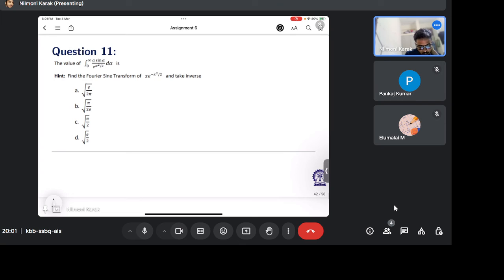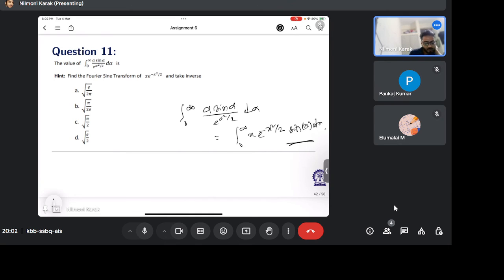So this is the main thing, because here the integration is 0 to infinity of alpha sine alpha and e to the power alpha square by 2 d alpha. So basically it is the integration 0 to infinity of x e to the power minus x square by 2 and sine x dx.